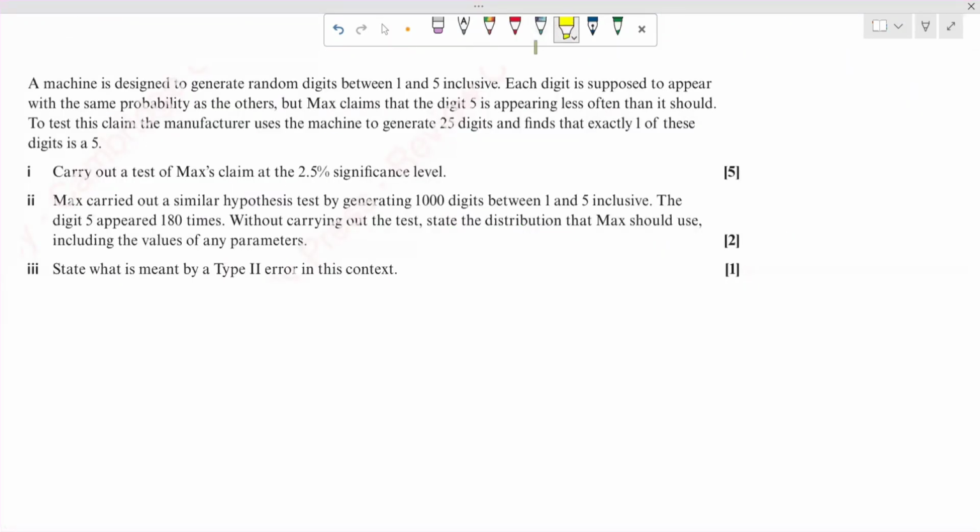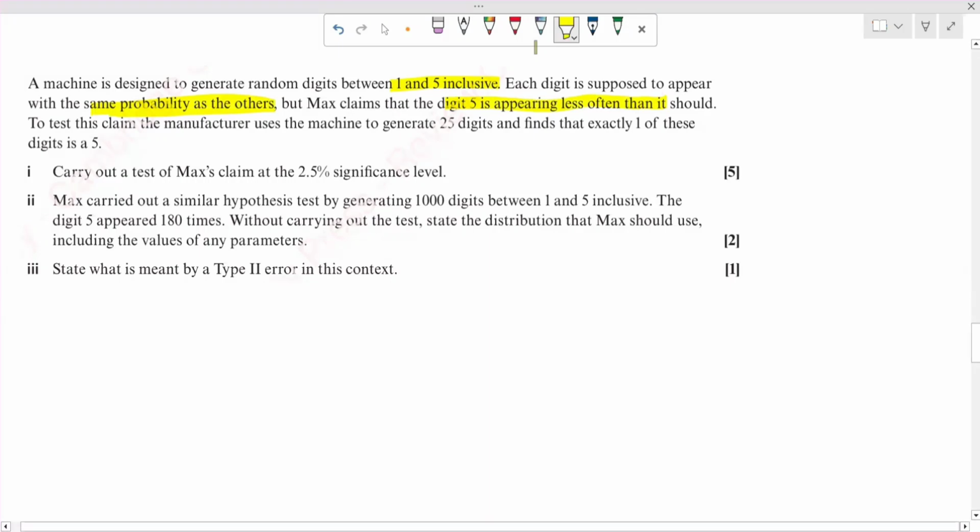See this question. A machine is designed to generate random digits between 1 to 5 inclusive. Each digit is supposed to appear with the same probability as the others. But Max claims that digit 5 is appearing less often.